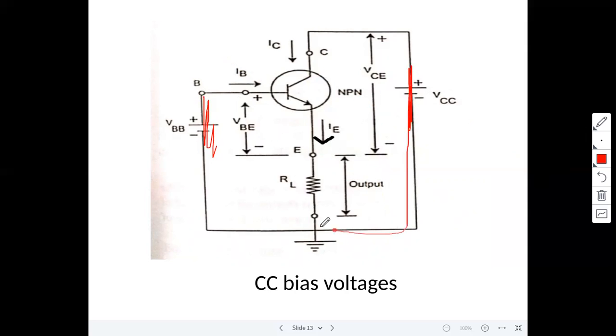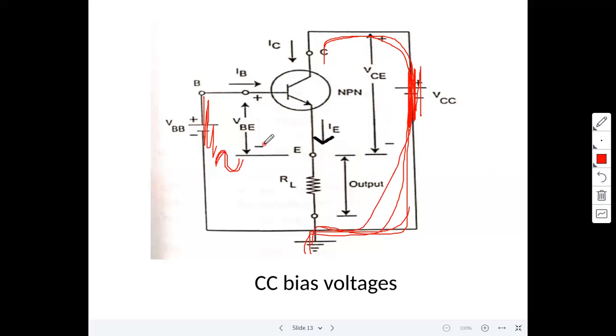Now observe the collector terminal here. With respect to AC signals, the collector terminal is directly connected to the ground. This is important, we are considering the equivalent model.